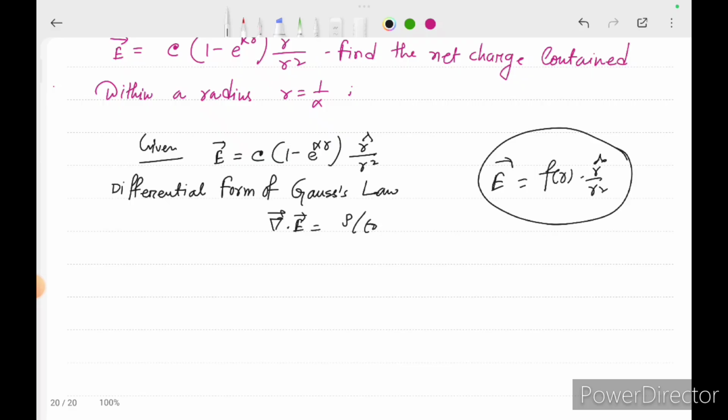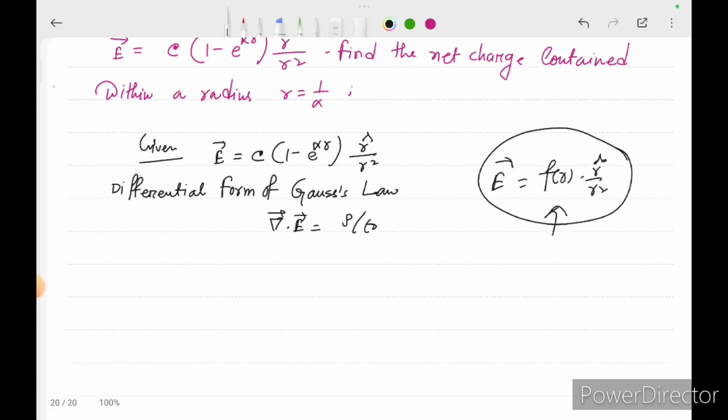So how to deal with this kind of vector field, the divergence of this vector field? It's very important. When you are given a vector field like that, how do you deal with it in a divergence?